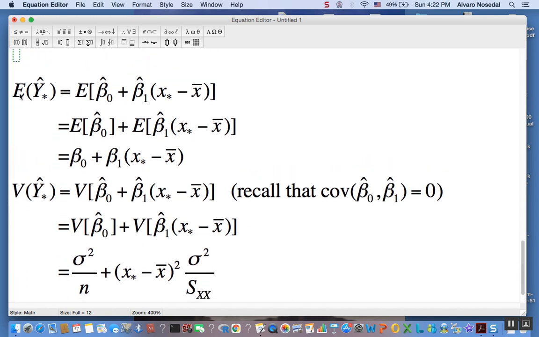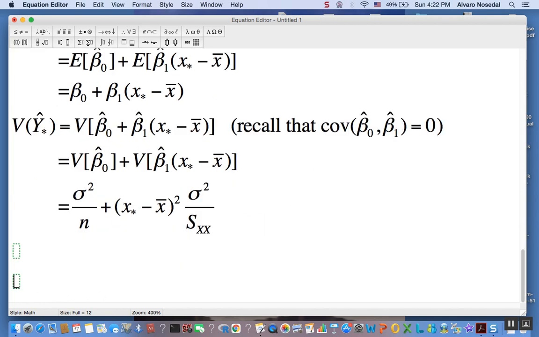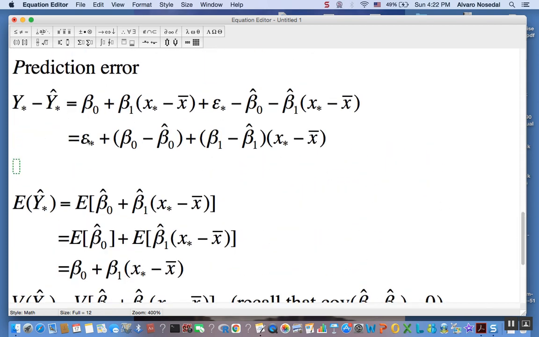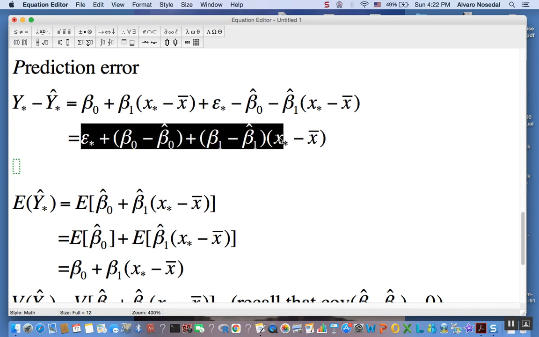Now let's compute the expected value of y star minus y hat star. Let me remind you what we had. That difference we computed here, so let me copy and paste that expression.